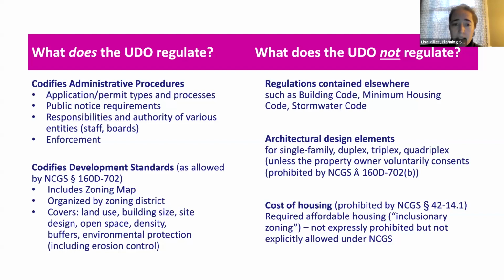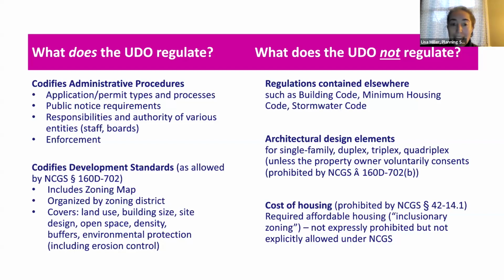One of those things is design elements for homes that are 1, 2, or 3 units. So a duplex, a triplex, a quad, a single family home. Our state does not allow us to require design standards for those properties. We will talk about a potential workaround for that a little bit later on in the presentation.